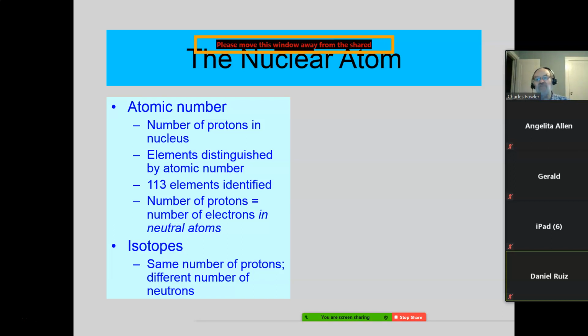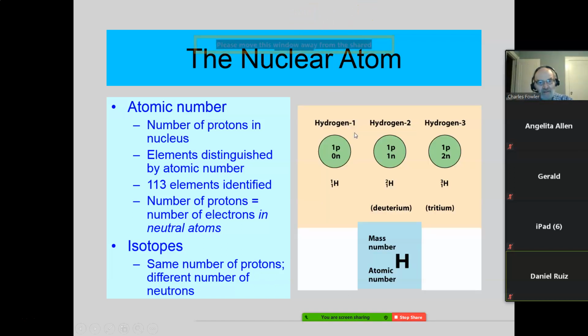That doesn't change which atom it is, but it does change its atomic mass. Not the atomic number. The atomic number is how many protons are there. The atomic mass is determined by the protons plus the neutrons. We'll get to that later. Okay?